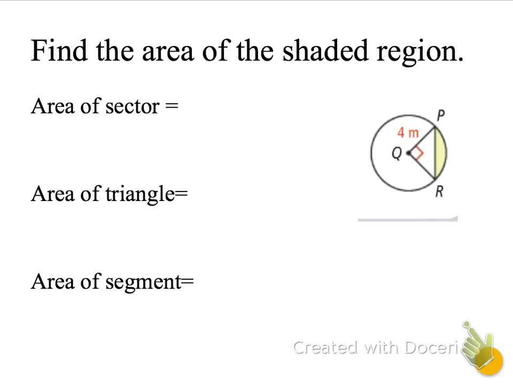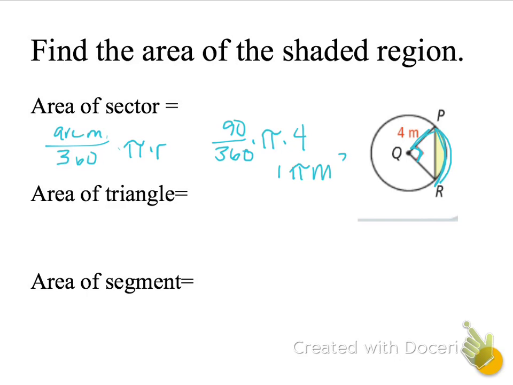For the area of the entire sector, we do the arc measure divided by 360 times pi times r. If this is a square, that means it's 90 degrees, so my arc measure is 90. So we have 90 divided by 360 times pi times our radius that's given, 4. 90 divided by 360 is 0.25.